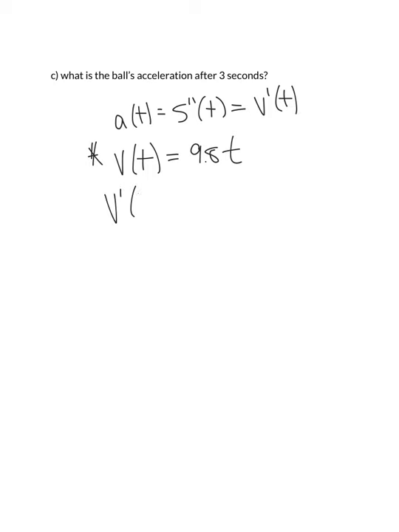That means that my derivative, or my acceleration, is equal to 9.8. Notice there is no t in here. This means that regardless of the time, the acceleration is 9.8, and the unit is meters per second squared. If you haven't taken physics, meters per second squared is the unit that we're going to be using for acceleration, just like meters per second is the unit that we're going to be using for velocity.